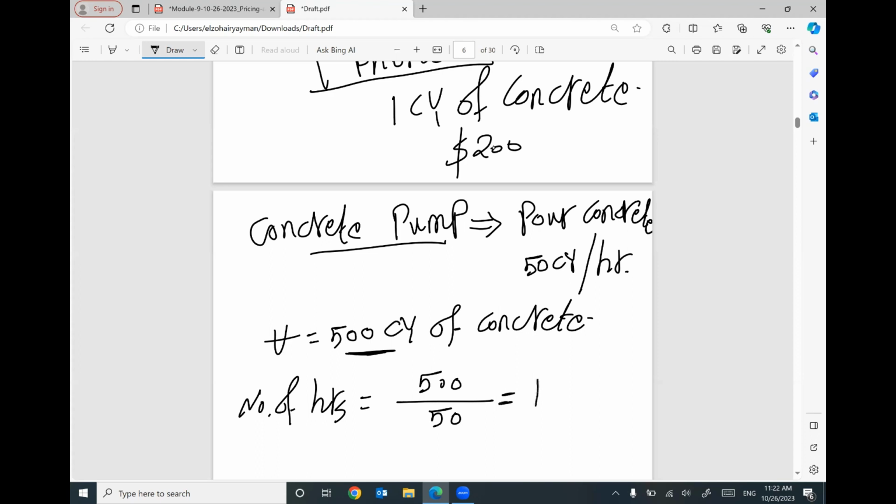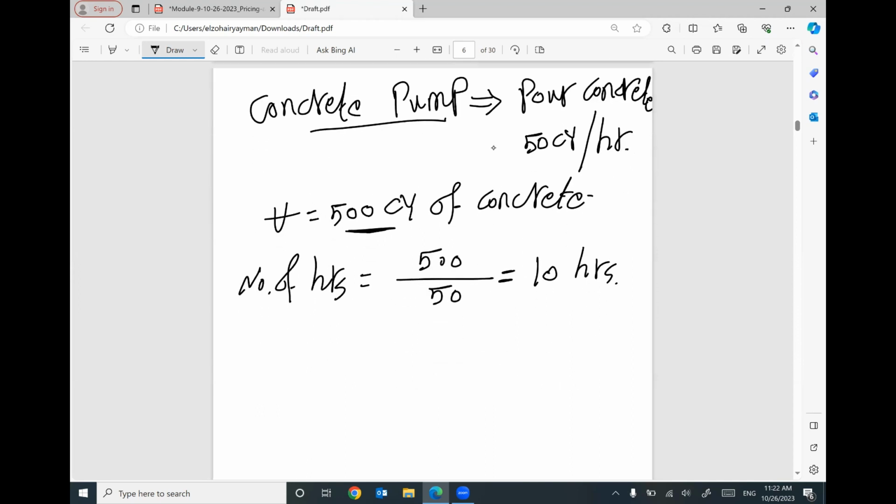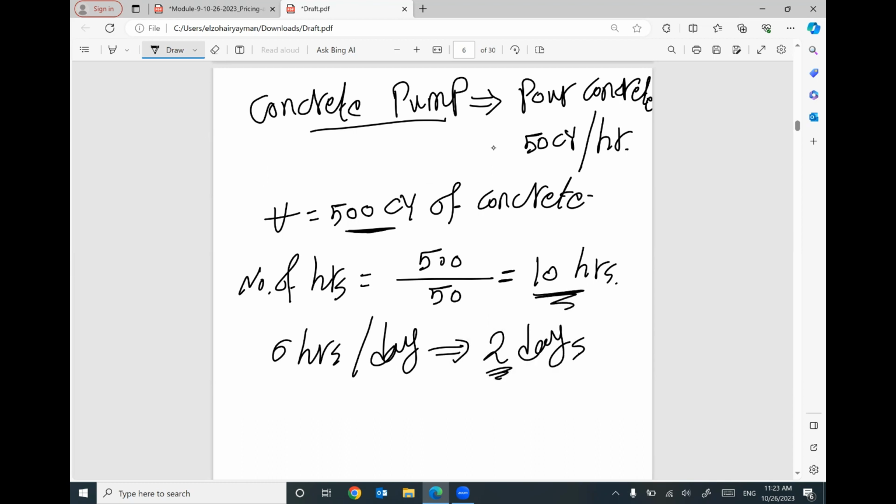It will give you 10 hours. However, we are working 6 hours per day. This is the work hour per day. That means I need to rent this concrete pump for 2 days because I need 10 hours work. So I will rent this concrete pump 2 days.